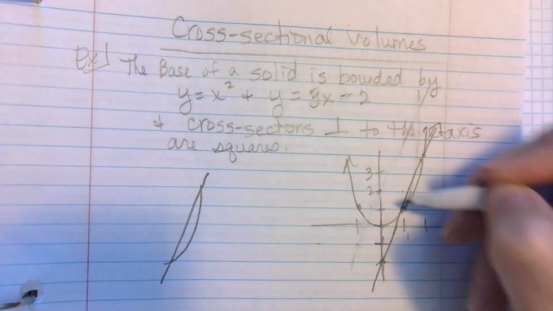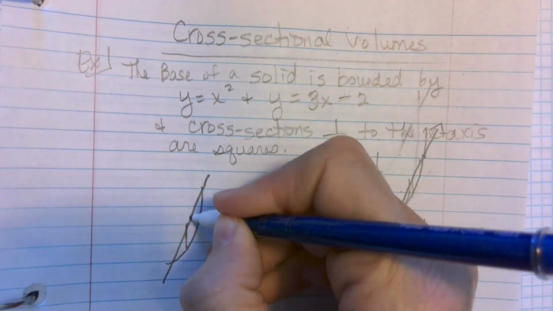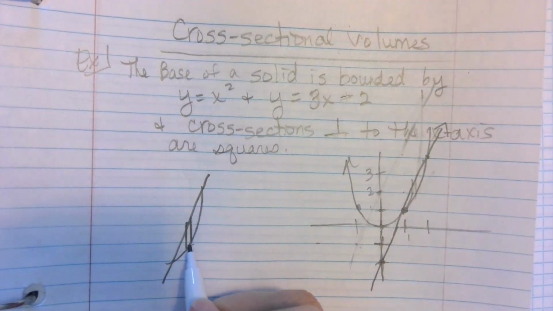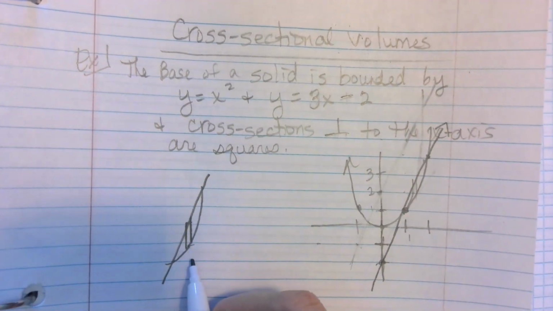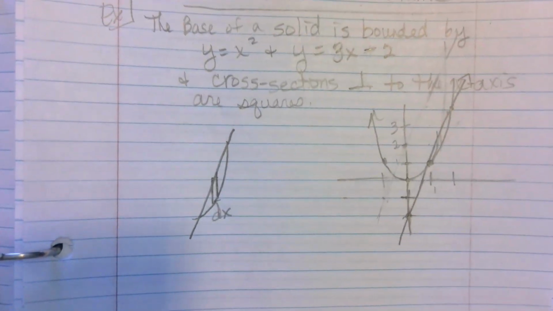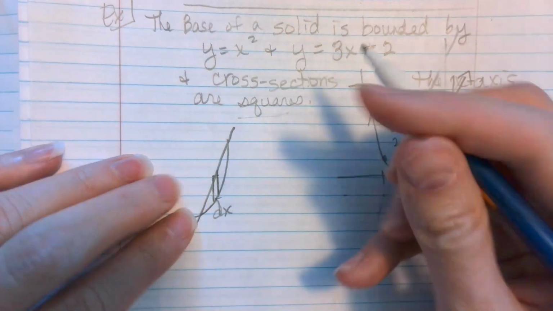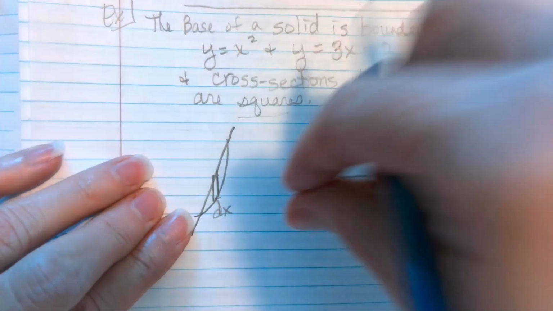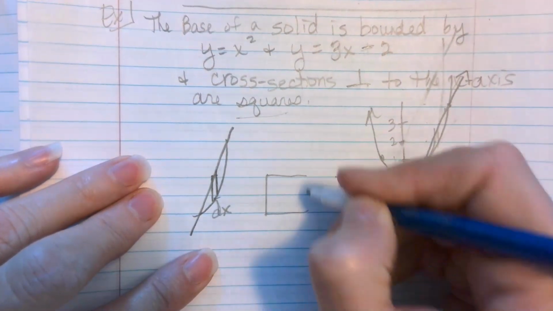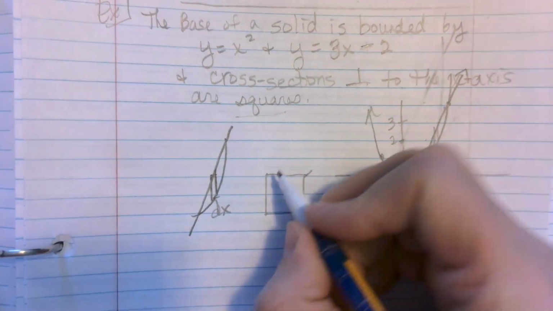The cross sections are perpendicular to the x-axis. So if I slice a little slice perpendicular to the x-axis, the little height of the slice is a clear dx, right? And what I usually do is show, okay, they said that slice is a square, right? So I'm going to take this slice out and lay it on its side and draw out that little square. Or actually, I stretched it out a little bit more.